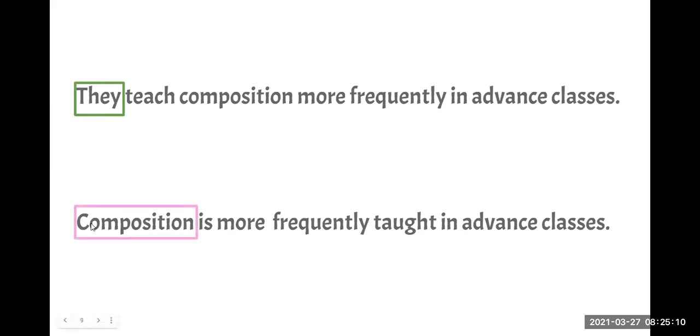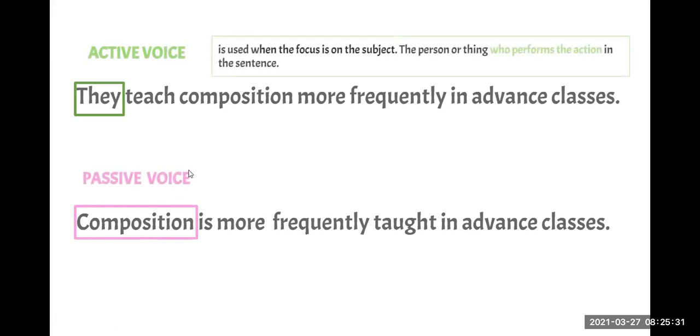In the other one, the focus is on the object, okay? The people or thing who receives the action in the sentence. We focus on the object and also on the action. Okay, so this is the difference between the active and passive voice.